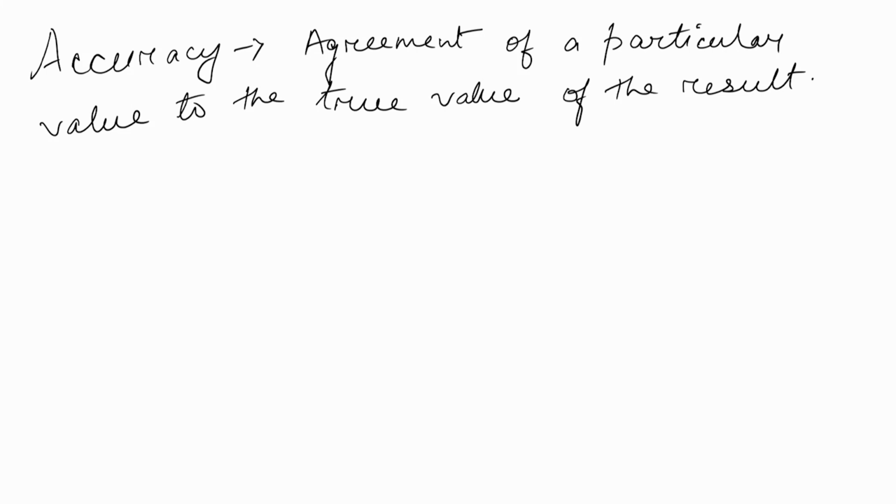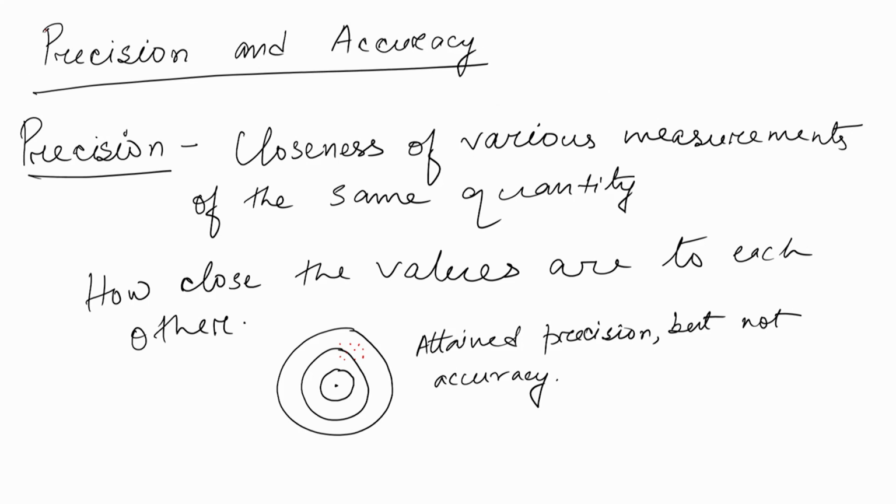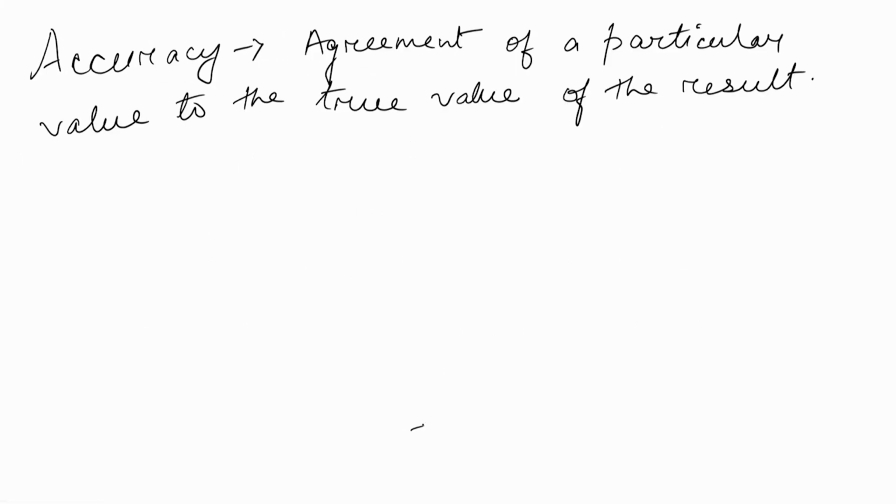That is, while precision measures how close the measurements are to each other, accuracy measures how close the measurements are to the real theoretical value. So, you see, here we can say that this point is the true value.